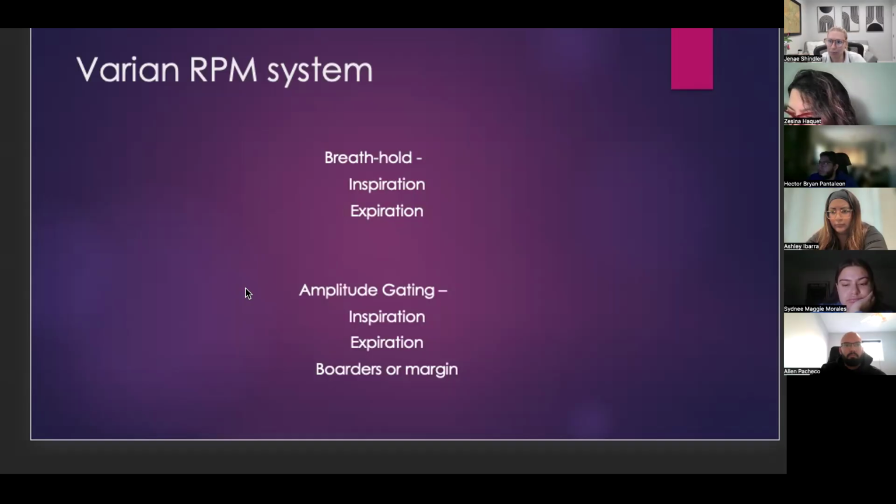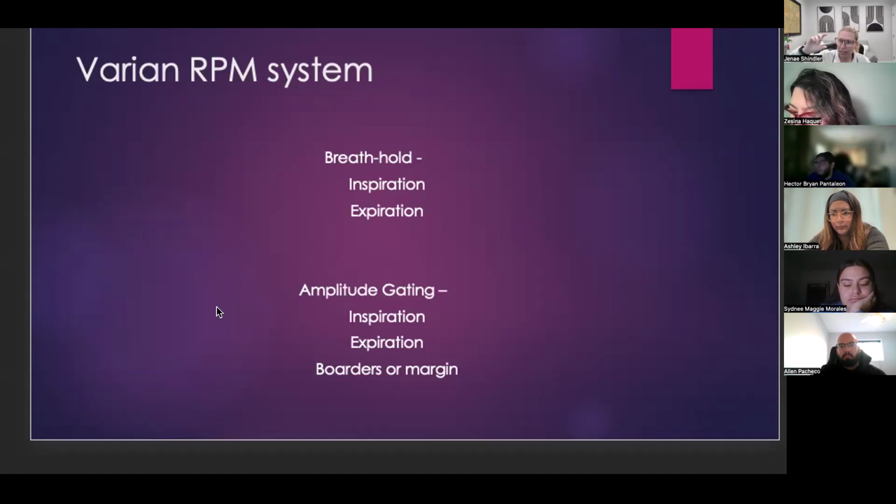And then as far as amplitude gating, you just take the phase of that gate. I'm going to go into this in just a few minutes, but in the cine wave, it's peak to peak, which is 100%. You're going to take that percentile of the peak, and that is the area in which you're treating. So if you're doing all phase gating, that means that you're treating the entire time.